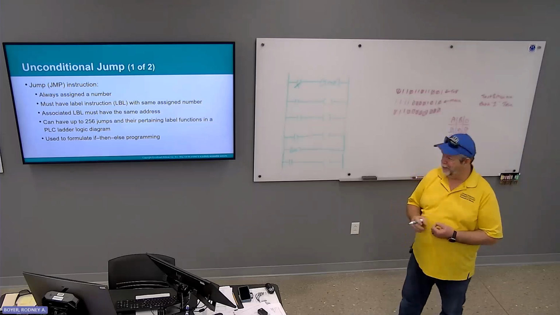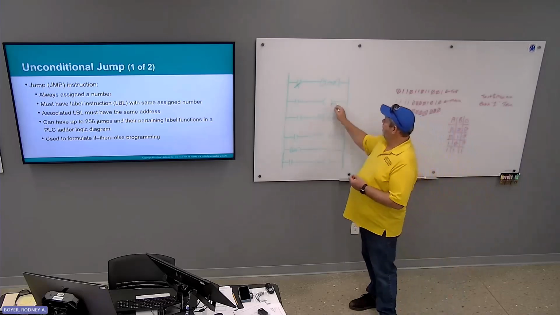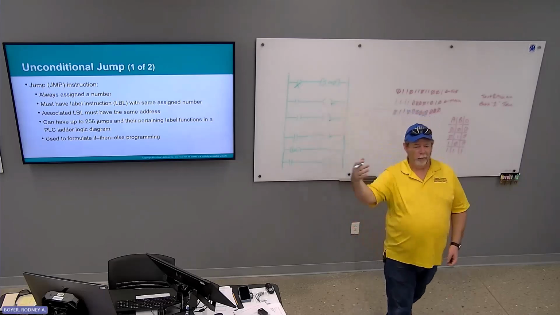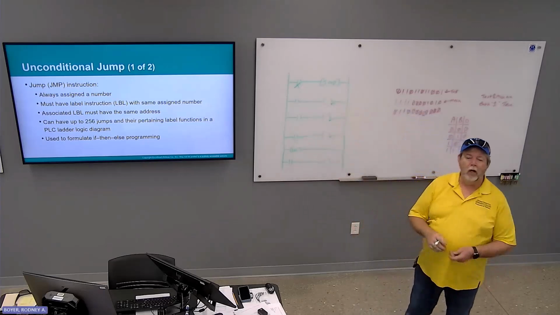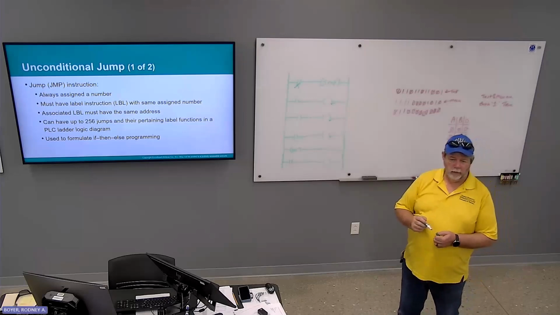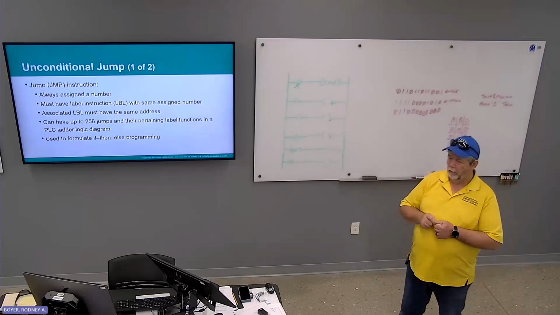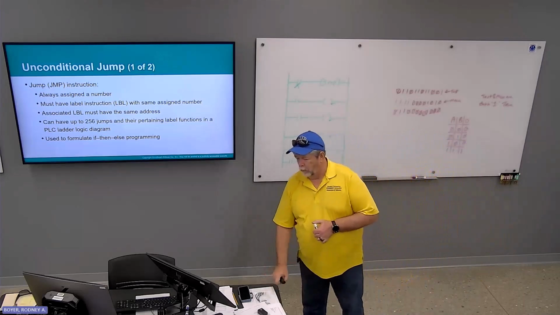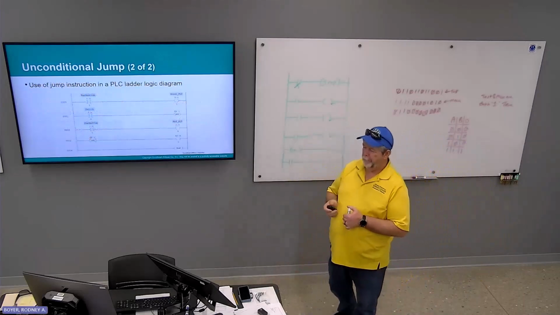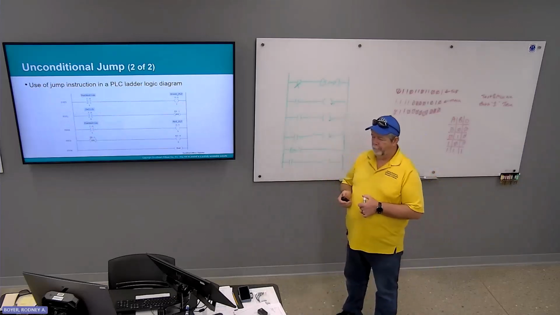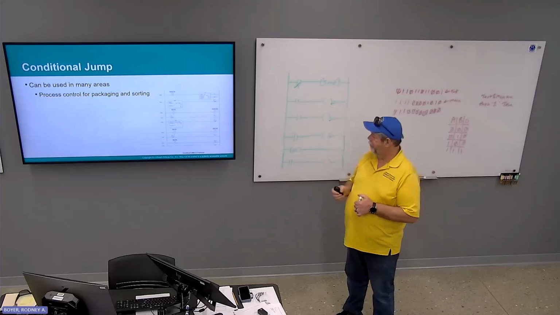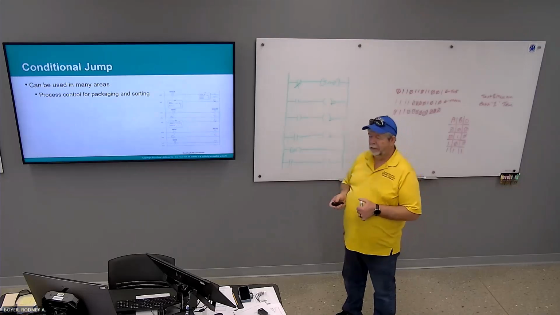There's nothing that says write to the output data table at those three addresses because we bypassed the logic, it's not even there. Conditional jump, that's actually what I drew there.